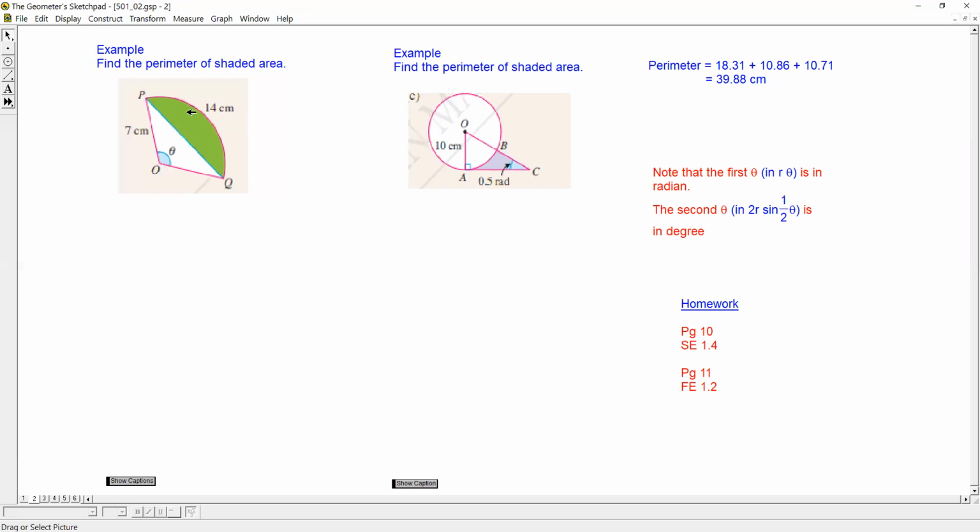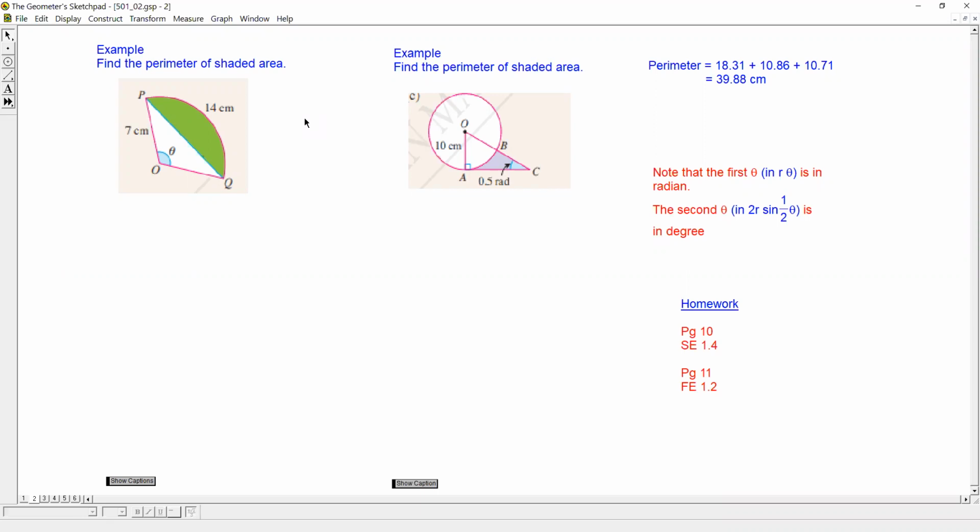So if you want to find the perimeter of this green color, you have to find this arc length PQ, the red color arc length PQ, plus the straight line, the blue color PQ. You add the two of them together, and you can find the perimeter of the segment PQ.